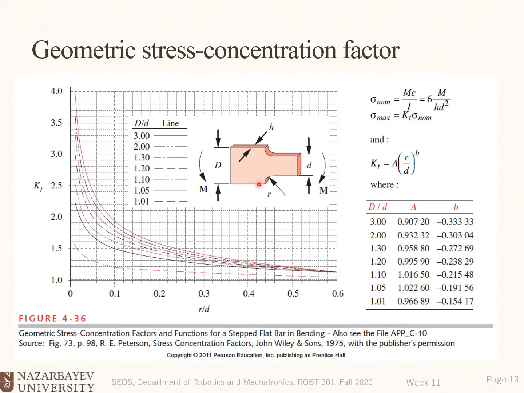So for this specific geometry, when you have a fillet and the cross-sectional area is rectangular, then you could find the A and B constants based on the D over d ratio and plug them into this formula to calculate the geometric stress concentration factor. Okay, you need that Kt to calculate the fatigue stress concentration factor.